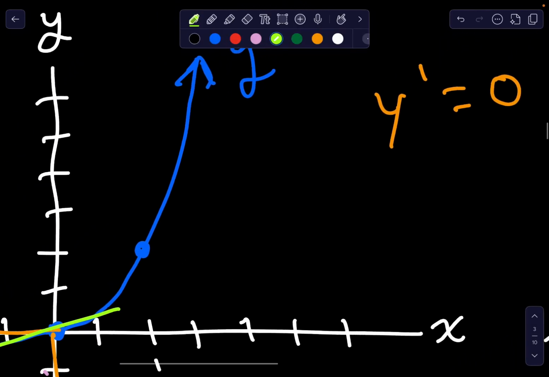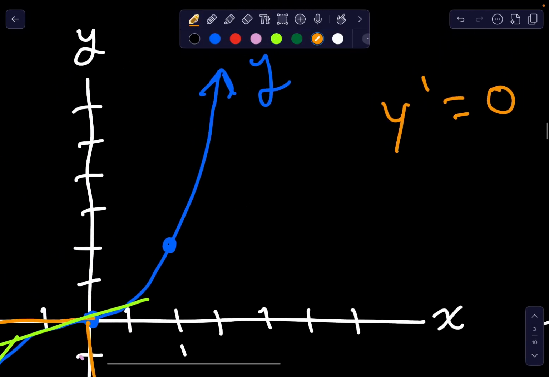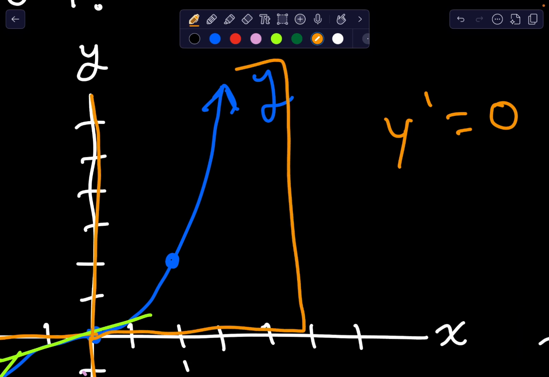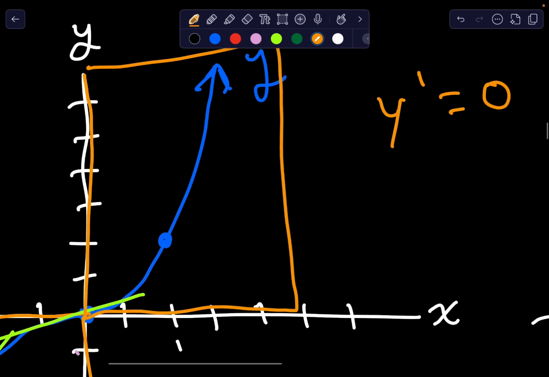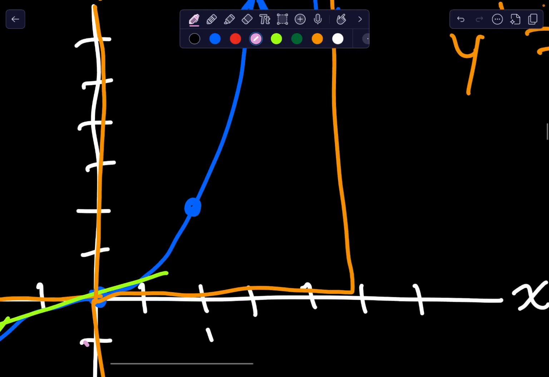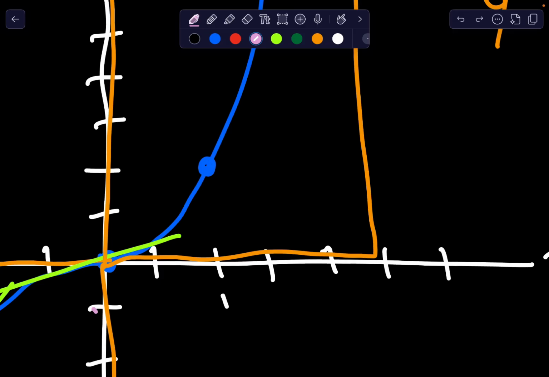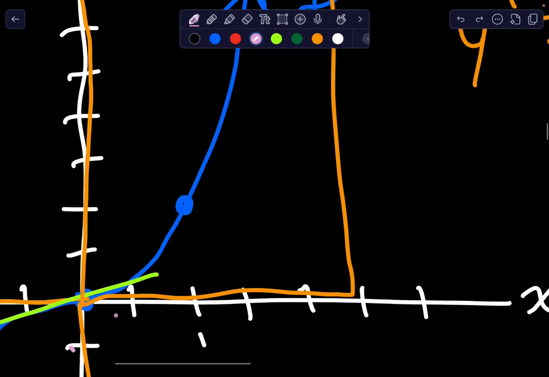Now let's isolate this top area to explain concavity a little more. All right, we'll draw it in pink. So once we got to this value of x equals 0, we know our first derivative is 0. Our slope is 0. So let's just draw a tangent line right here.